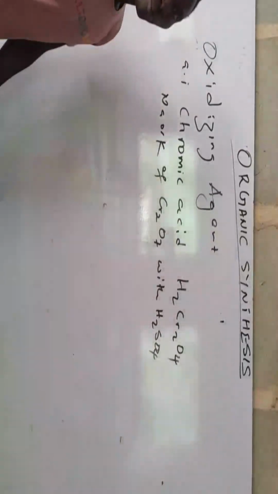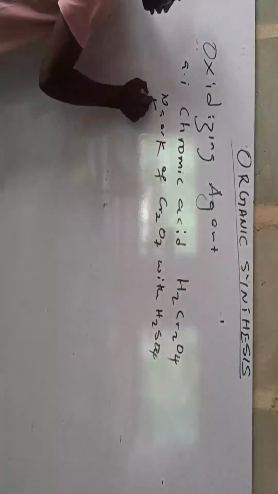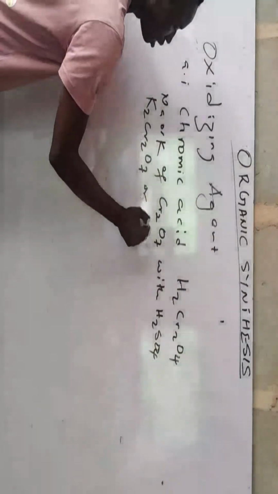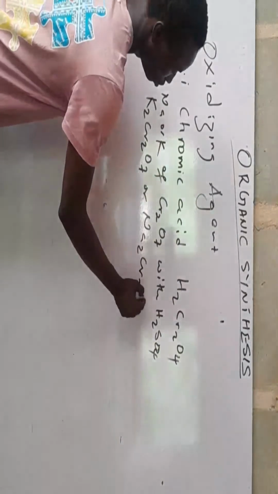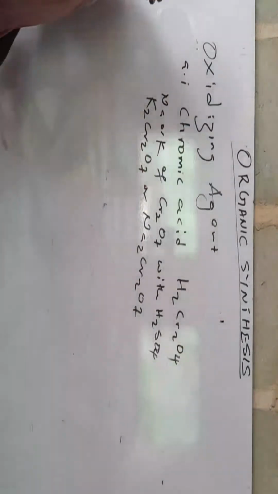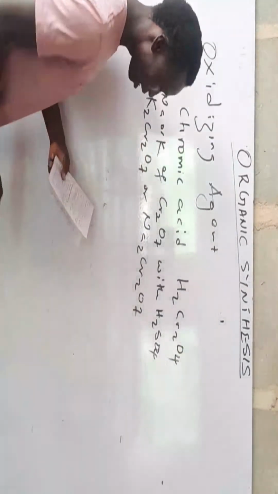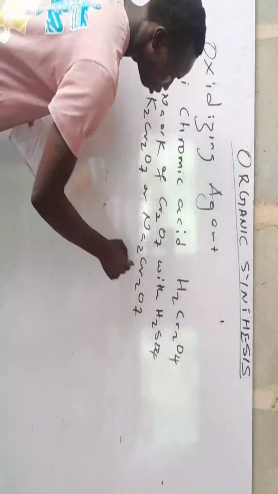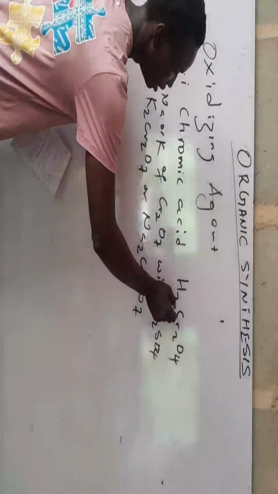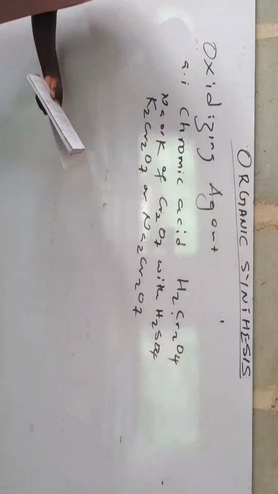Do you remember this orange compound, K2Cr2O7, or this one, Na2Cr2O7? So that is what we're talking about there. When you make them react together with H2SO4, the product that will be formed there is this one that we have in this place.